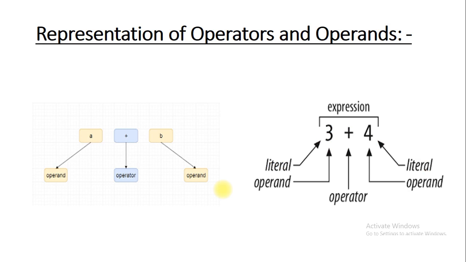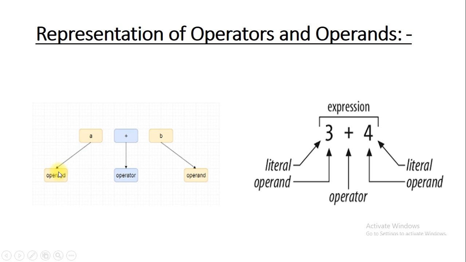Now we have seen the representation of operators and operands. Over here we have taken a plus b, that means we have used two variables, and in between the variables we have used an operator.